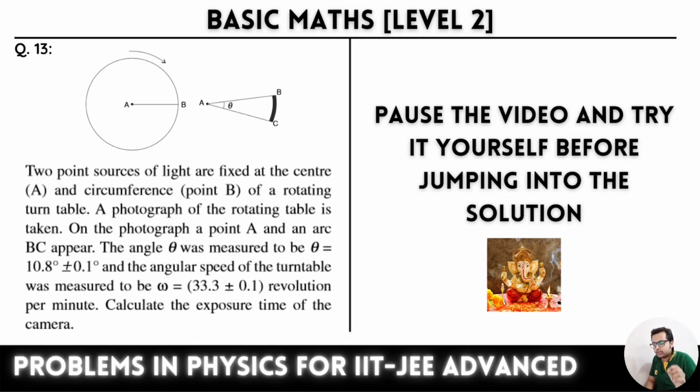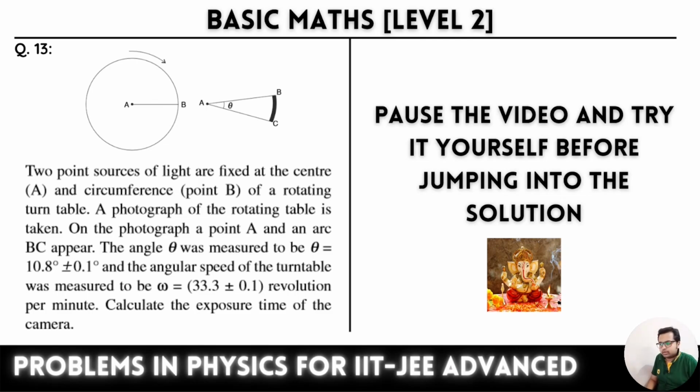Now what we have to calculate is the exposure time of the camera. What is exposure time? Exposure time is how much time the camera took to click the picture.